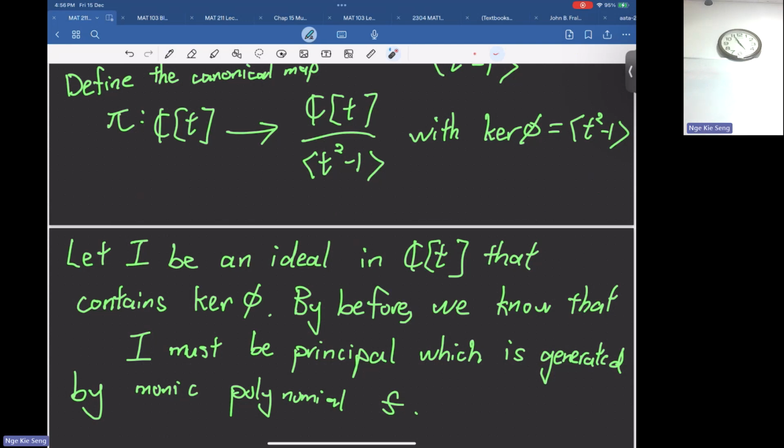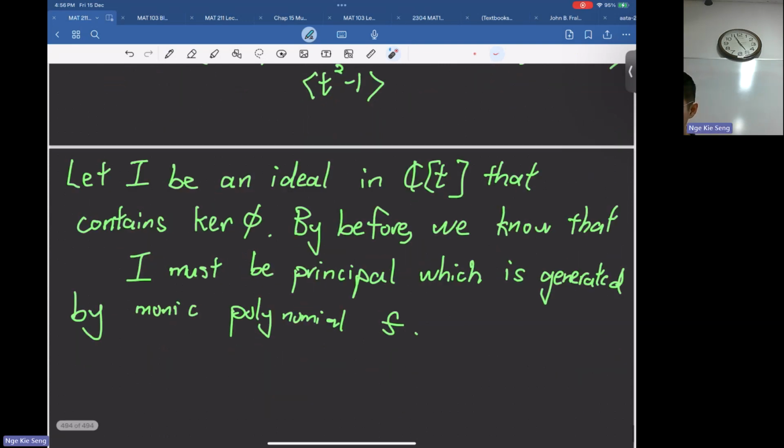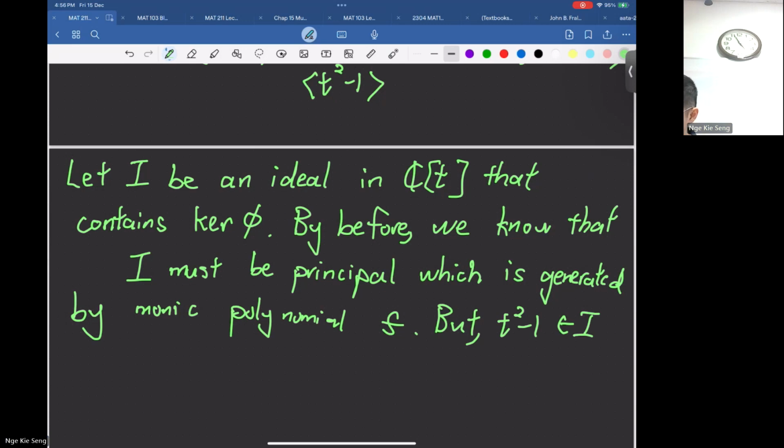But this principal ideal generated by F contains t squared minus 1, so t squared minus 1 must be divisible by F. Because this ideal is generated by F, and t squared minus 1 is in there. So F divides t squared minus 1. So what are the monic divisors of t squared minus 1 here?